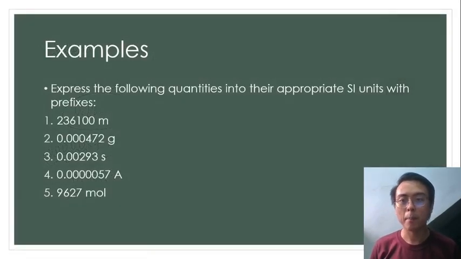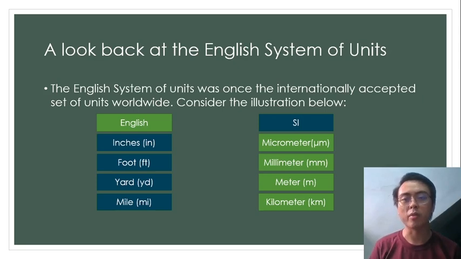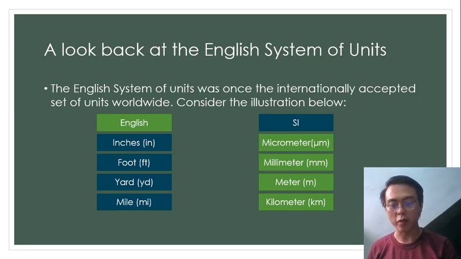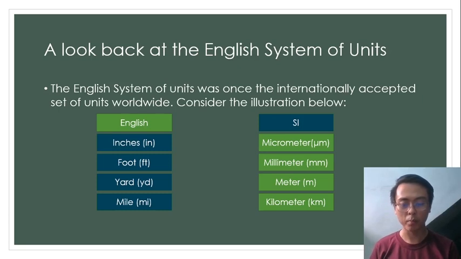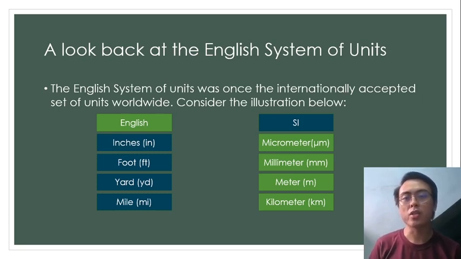Okay, moving on. The English system of units was once the internationally accepted set of units worldwide. But then after some time, we realized that the English system of units is very difficult to use, or very confusing. So let me give you an example. In the English system, let's consider units of length.